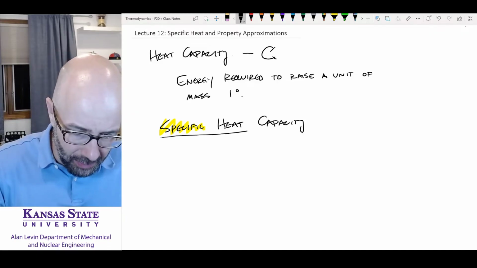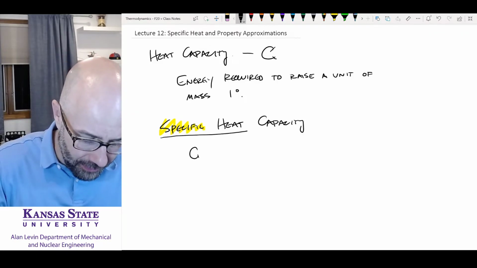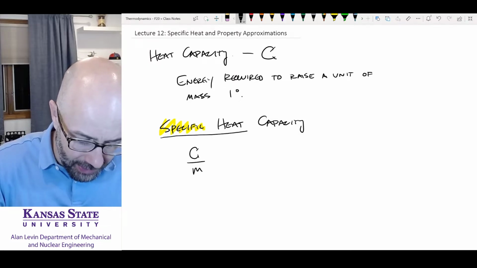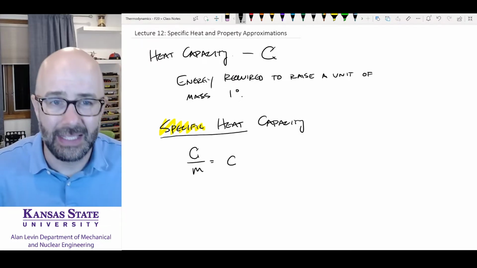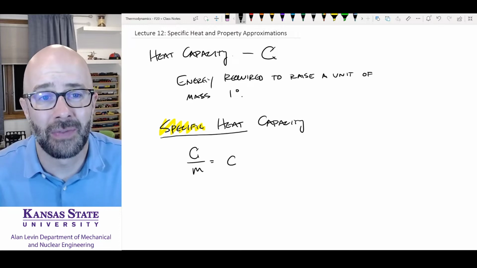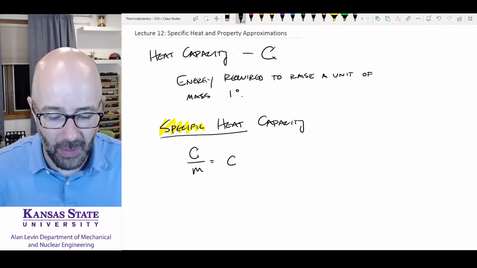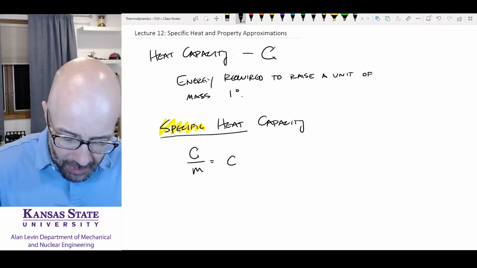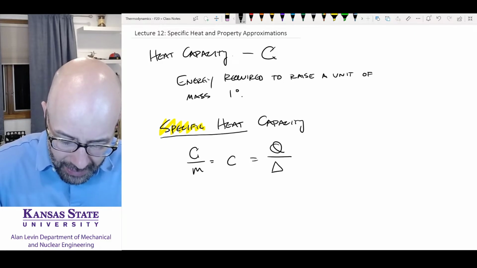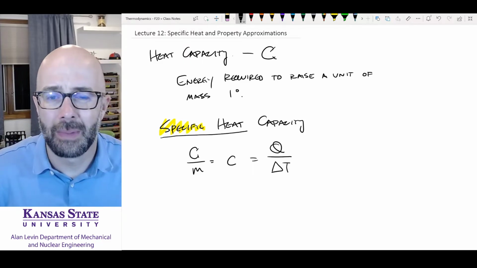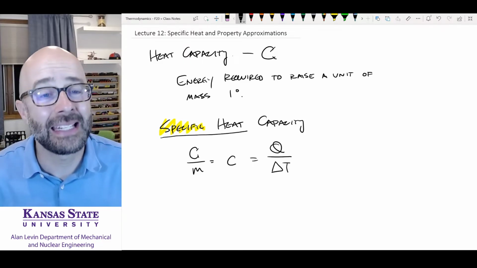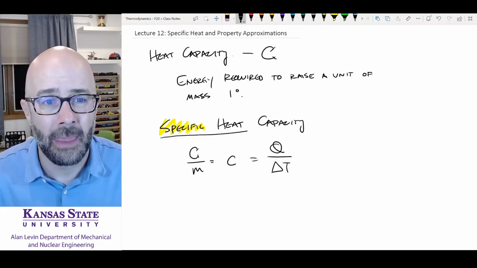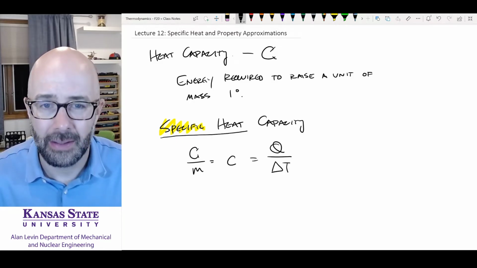So if we take the heat capacity and divide it by the mass, we're going to have lowercase c, and we're going to call that specific heat or specific heat capacity. It can really be looked at as the heat transfer over the delta T. That's how we're going to be looking at heat capacity, and specific heat is an intensive property.